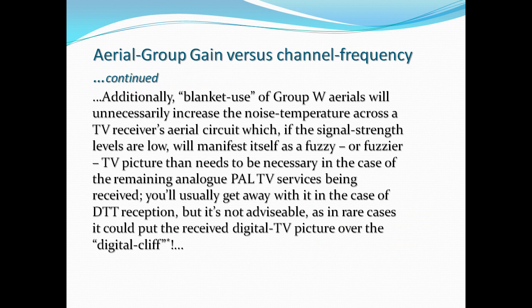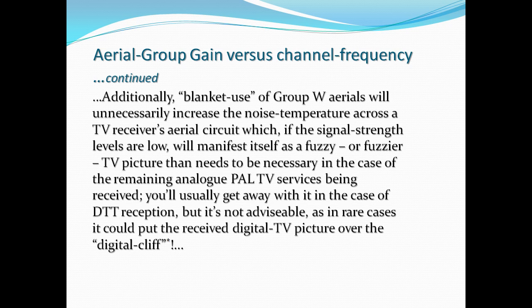Additionally, blanket use of Group W aerials will unnecessarily increase the noise temperature across a TV receiver's aerial circuit, which, if the signal strength levels are low, will manifest itself as a fuzzier TV picture than needs to be necessary in the case of the remaining analog PAL TV services being received.